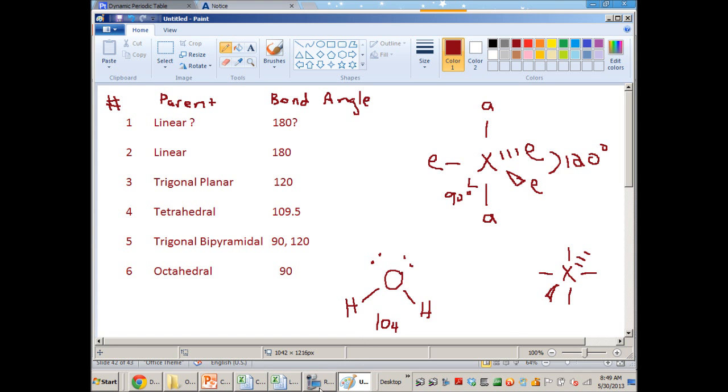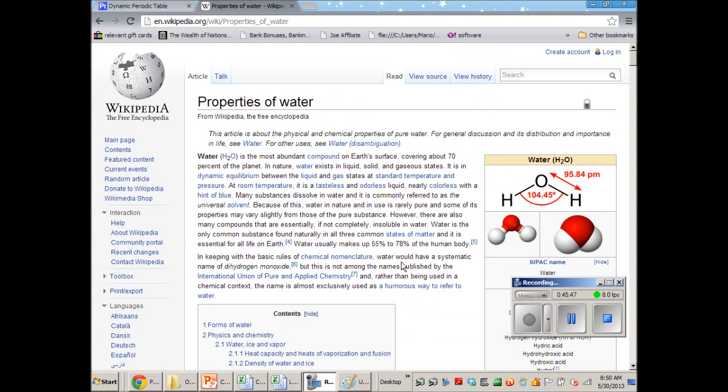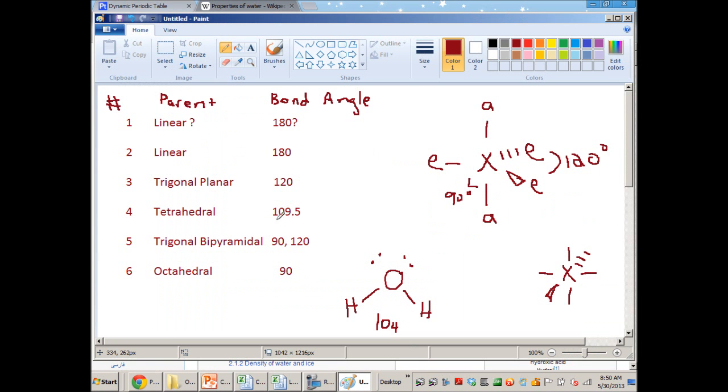Let's look it up so I don't get this wrong. According to Wikipedia, the HOH bond angle in water is 104.45 degrees. That's substantially smaller than the 109.5 we started from in the parent tetrahedral geometry. So these lone pairs will actually take up more space than bonds will.